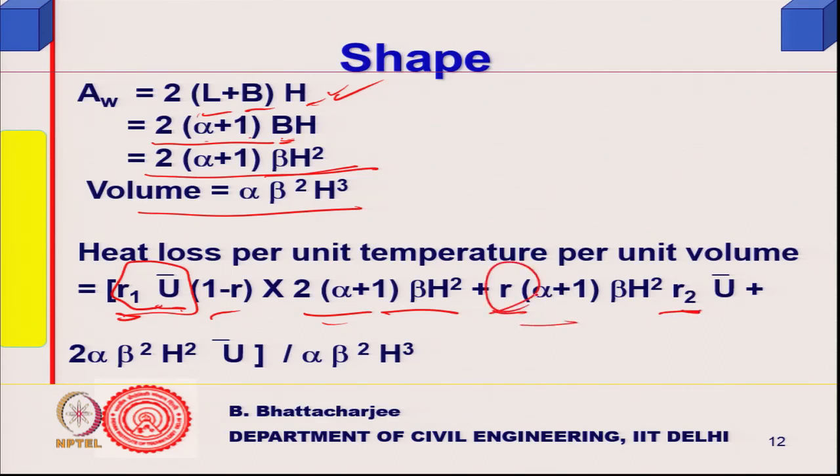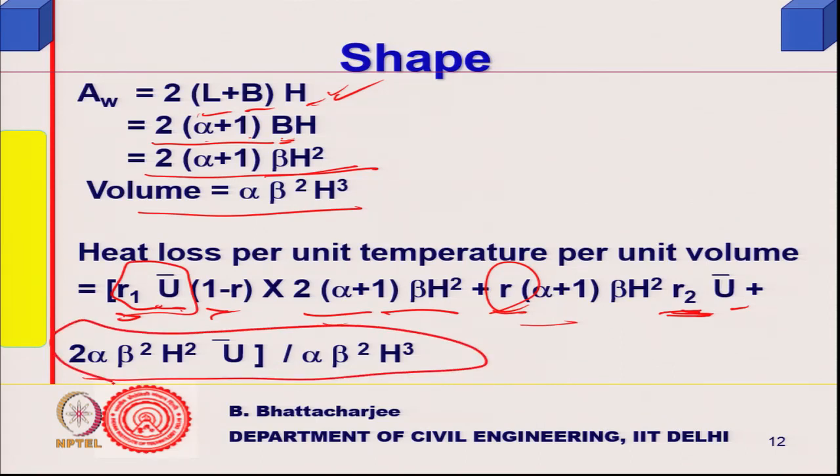So, R is the ratio of the glass portion, right. 1 minus R is the solid portion, and R2 is the ratio of the U values of glass divided by that of the average of roof and ceiling. So, we just write it like this, and this plus, that is for the roof and ceiling put together. This is the area of the roof twice, area of the roof and the floor together into U, and this is the volume of the room.